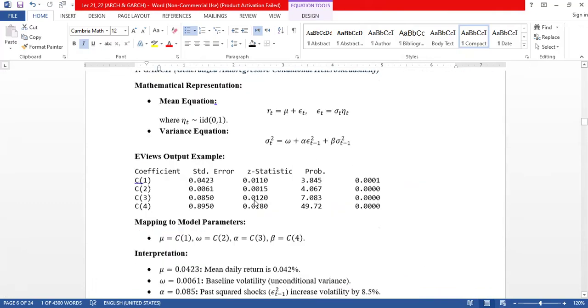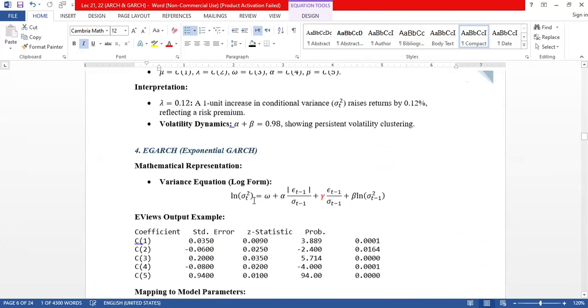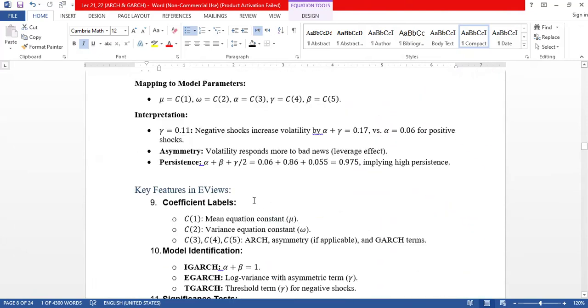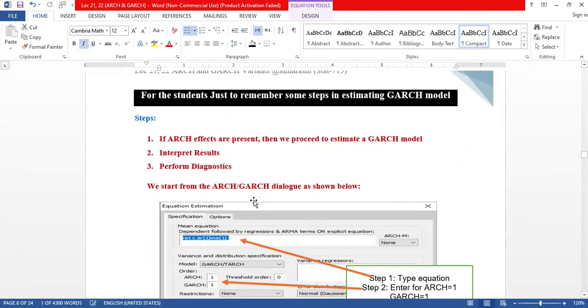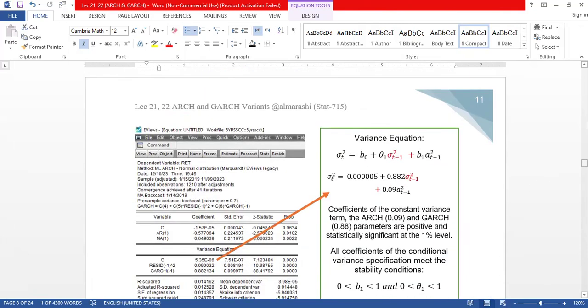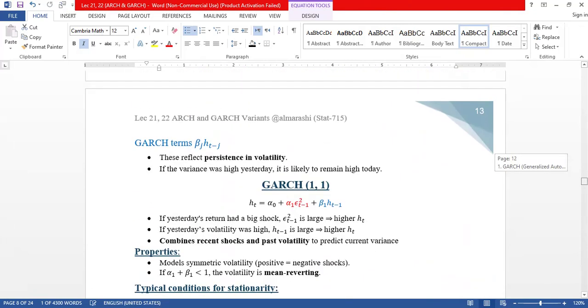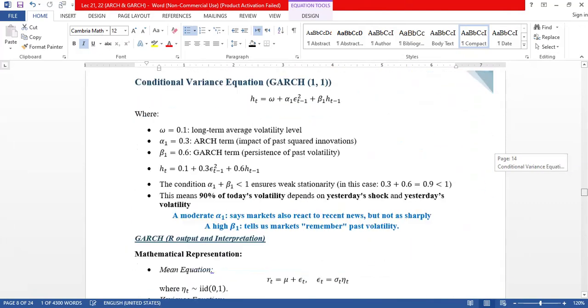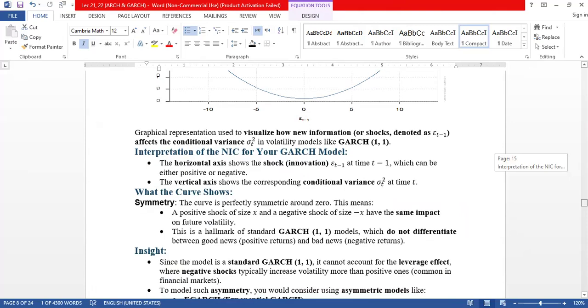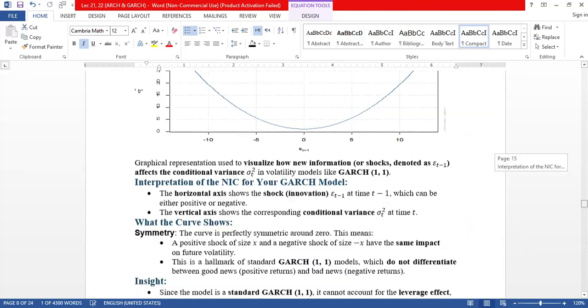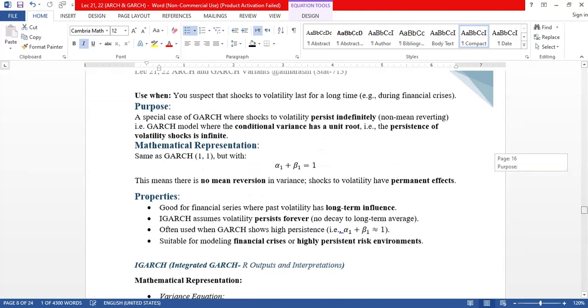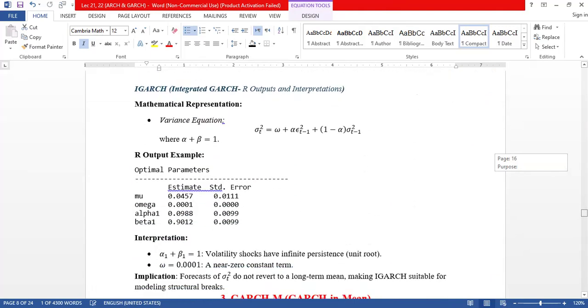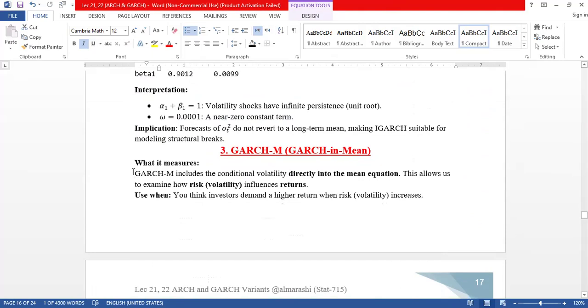Let me go to the notes of Dr. Marashi. This is GARCH 1,1. This is the other GARCH. And you have studied this. I will teach you this thing as well. GARCH-M includes the conditional volatility directly into the mean equation.